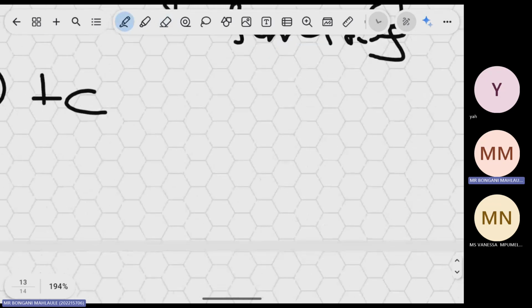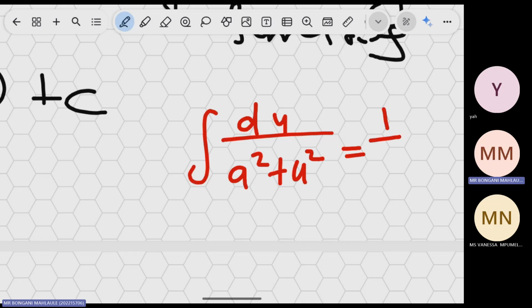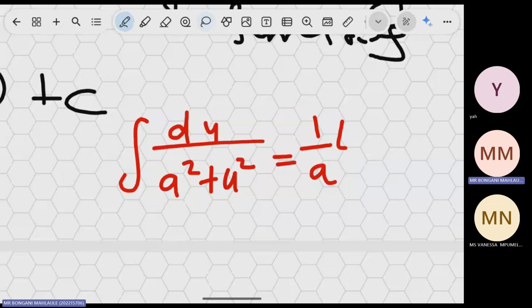Remember that when you are having these guys, the integral of du over a squared plus u squared will be 1 over a, then the arctan of u over a.